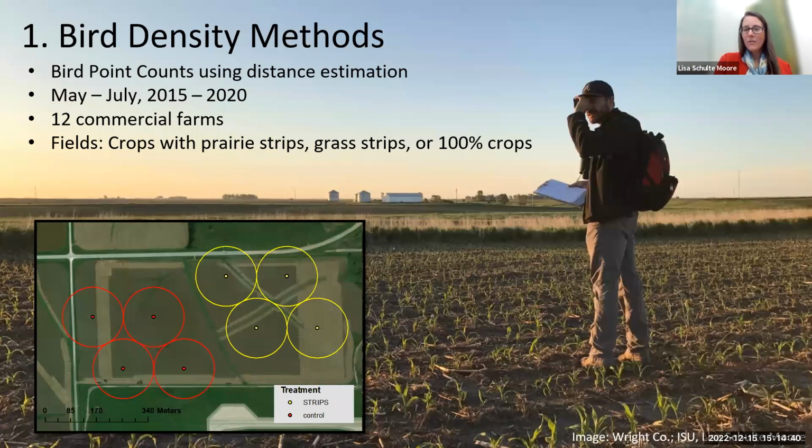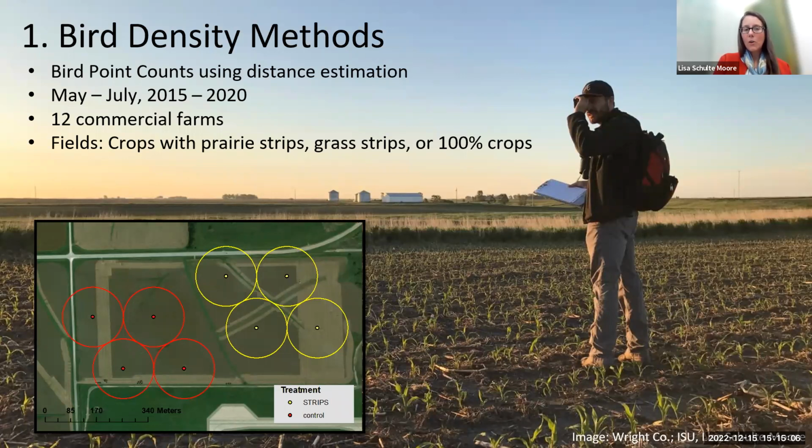The evaluation was conducted during the breeding season for birds, so May to July from the year 2015 to 2020. And we looked at bird density on 12 different commercial farms, looking at cropland with prairie strips, cropland with grass strips, and then also fields that did not have grassy features as a sort of control.